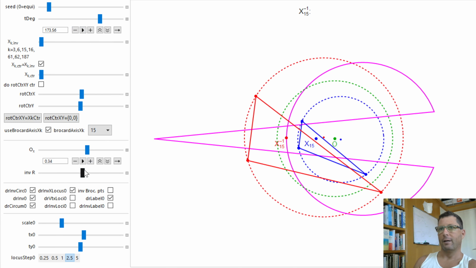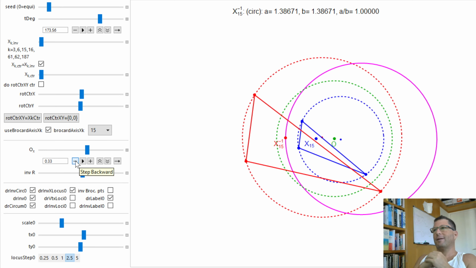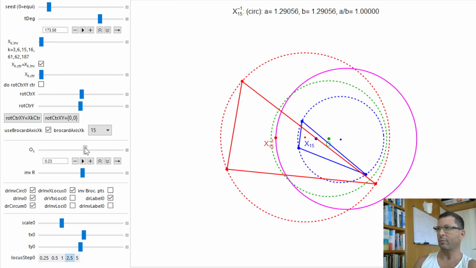Now if I nudge O just a tad to the left, look at what's going to happen. Okay, so now I've gone past the critical point, and now O is permanently interior to the circumcircle. Let's exaggerate that a little more.